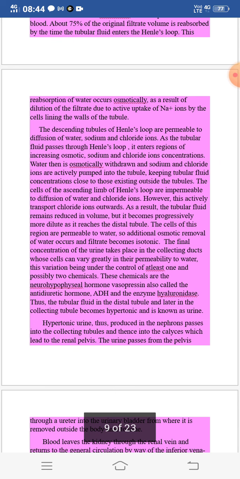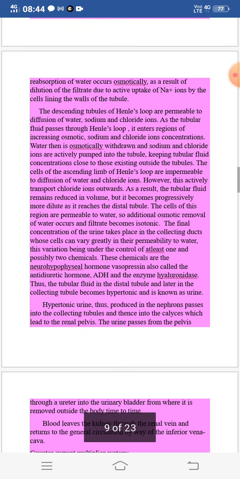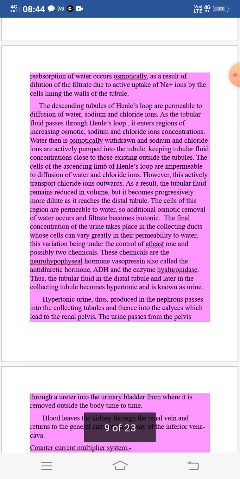However, there is active transport of the chloride ions outward. As a result, the tubular fluid remains reduced in volume, but it becomes progressively more dilute as it reaches the distal tubule. That is, the hypotonic urine gets converted further into the isotonic medium as it reaches the distal tubule, that is the DCT or distal convoluted tubule.